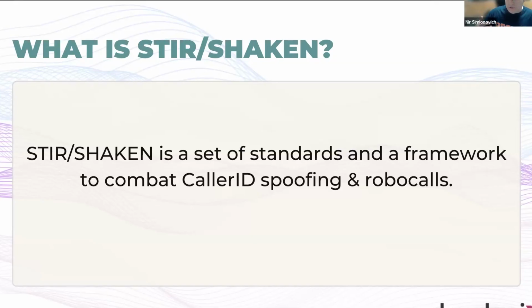And robocalling is annoying, and caller ID spoofing is even worse because it means people can impersonate, and there were a lot of issues with it. STIR/SHAKEN was devised as a standard, or more of a workflow or framework, to combat these issues of caller ID spoofing and robocalling.